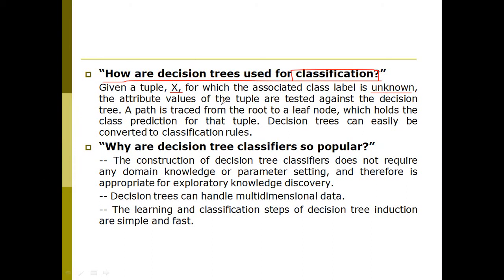The attribute values of the tuple are tested against the decision tree. Whatever attributes are there, those attributes are tested on that particular decision tree. Then a path is traced from the root to a leaf node, which holds the class prediction for the tuple.